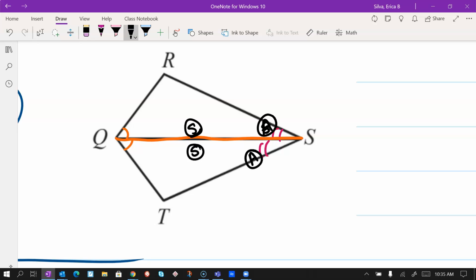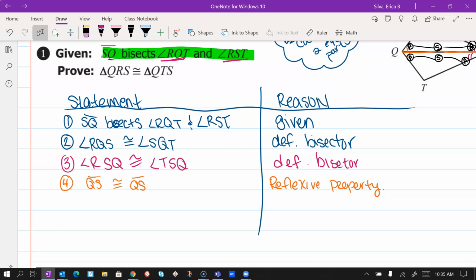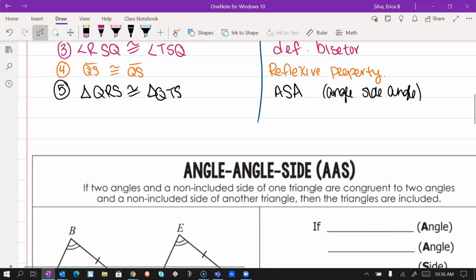Right next to that, we have this angle congruent to this angle. So because we have an angle, a side, and an angle congruent to the other triangle, then we can say that those two triangles are congruent. Triangle QRS is congruent to triangle QTS by the angle, side, angle postulate. Okay, let's go to the next one.